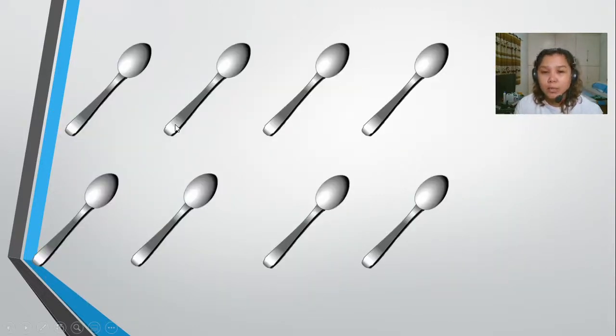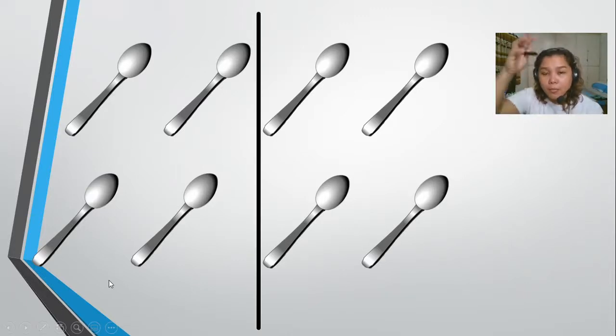Okay, next one, if we have spoons, so 1, 2, 3, 4, 5, 6, 7, 8. So, we are after 1/2 of 8. So, pwedeng maglilinya tayo sa gitna by using vertical line. So, ilan ang nasa loob for each group?